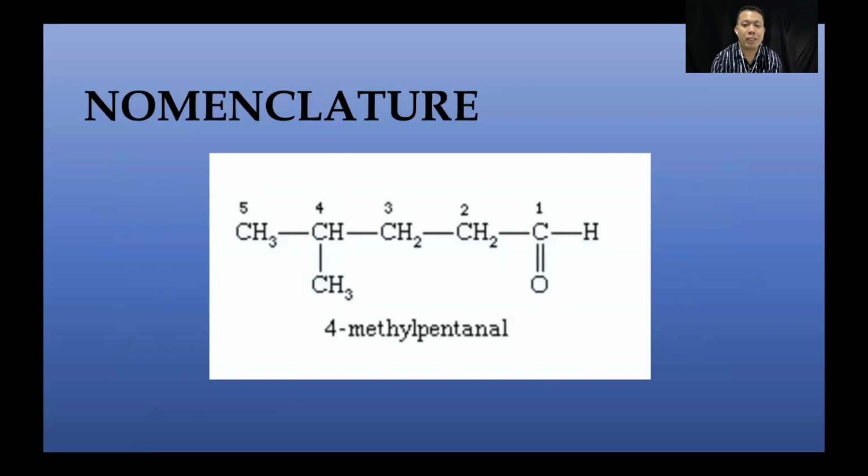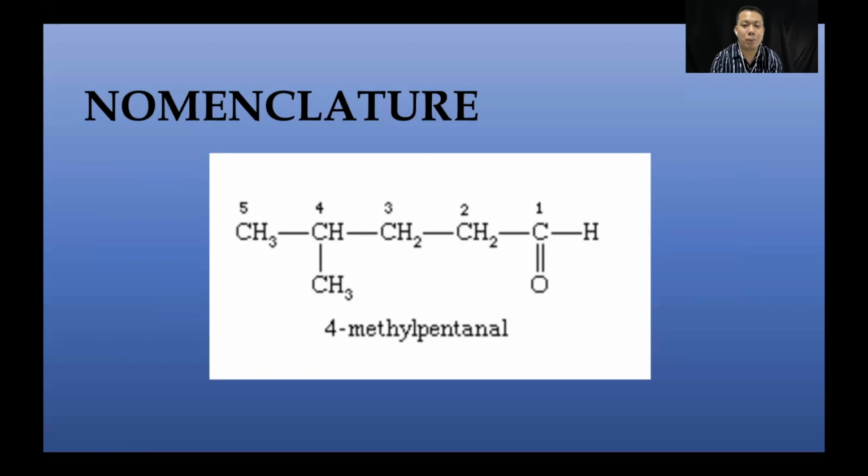For example, the CHO on the right, in carbon 1, is the aldehyde. Then you count from there since it is your carbon 1: 1, 2, 3, 4. On the fourth carbon there is a methyl, and up to 5. So the longest chain is 5 carbons. That is pentane, which will be changed into pentanal, and then write the substituent as well as its carbon location.